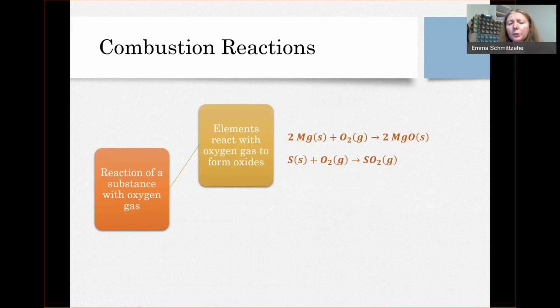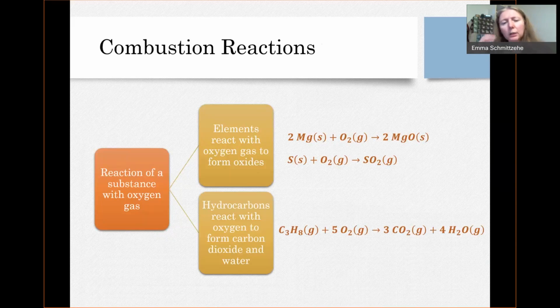The other major class of combustion reactions is more typically what we think of as a combustion reaction. It's when you take a hydrocarbon or even really any organic compound and you react it with oxygen. That's when you have that kind of burning in oxygen most often.